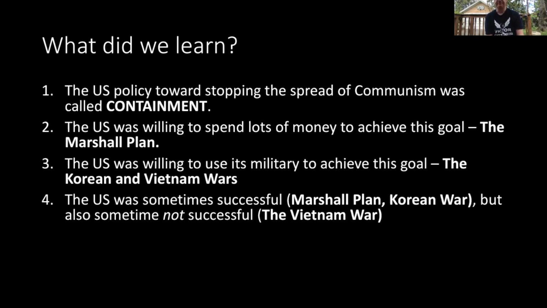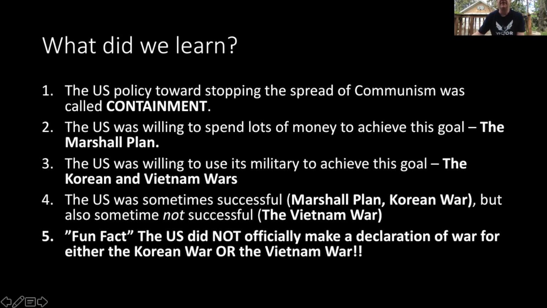The Korean War, you could argue it was a tie, but you could also argue it was a success because communism did not spread. Sometimes we were not successful. The Vietnam War is the great example of that, probably the biggest example of our failures of containment. Although you could argue Cuba, which we'll get to next week, that Cuba becomes communist and they're kind of close. So we weren't always successful with our missions.